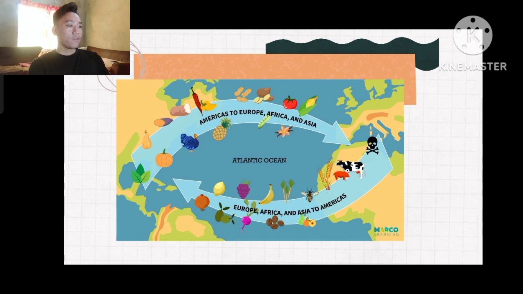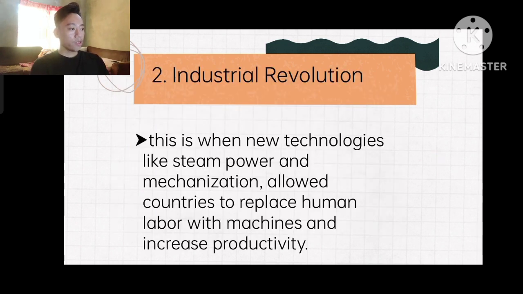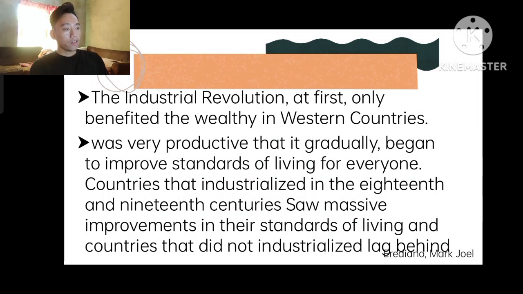The number two is the Industrial Revolution. This is when new technologies like steam power and mechanization allowed countries to replace human labor with machines and increase productivity. The Industrial Revolution at first only benefited the wealthy in Western countries.